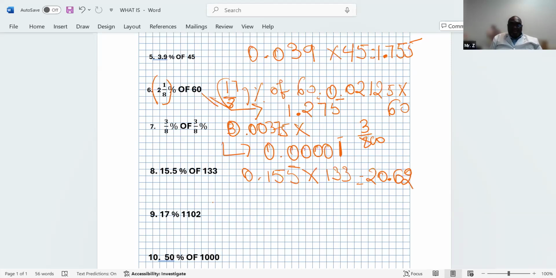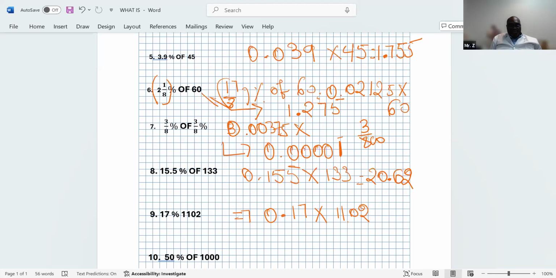All right, let's look at number 9. So number 9 is going to be 17% of 1102. Make that as a decimal. Once you do that, you have 0.17, and of becomes a multiplication. Multiply that by 1102.